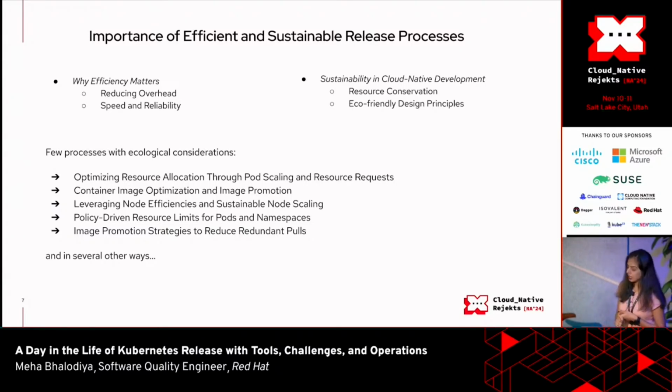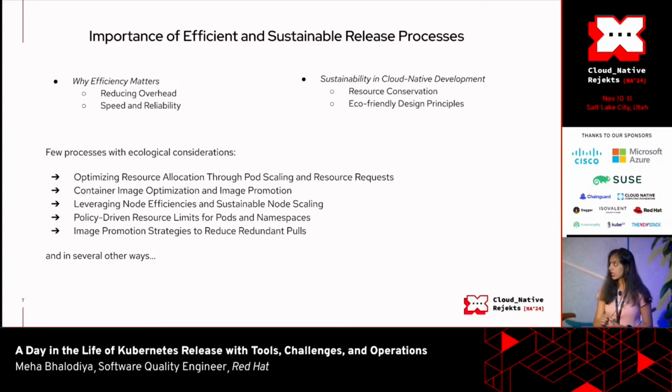Secondly, sustainability in cloud native development. By optimizing tools and pipelines, the Kubernetes release team can limit resource usage, conserve energy, and minimize the carbon footprint. So ecological consideration in Kubernetes releases is not only about cutting cost, but is essential for sustainable infrastructure management.